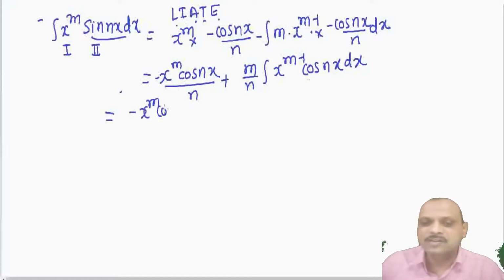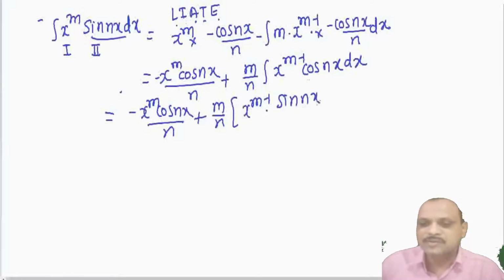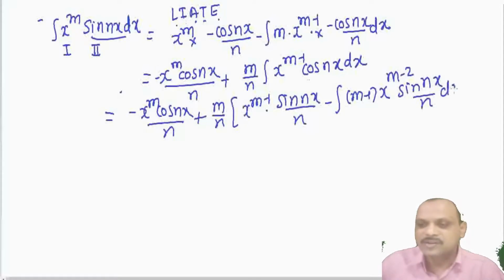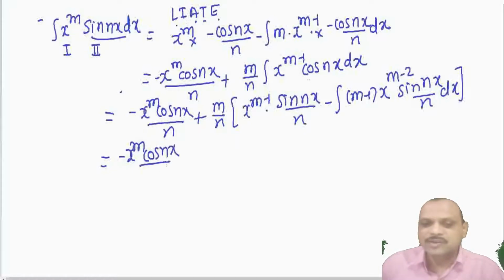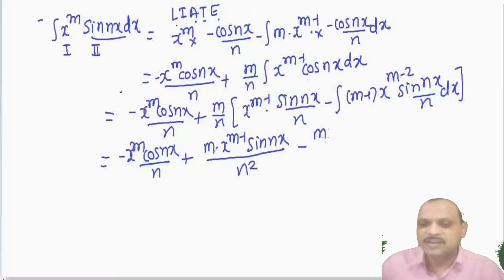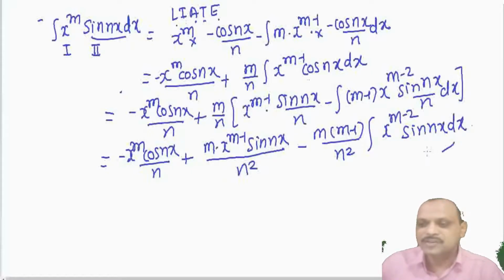Again evaluating the integration: minus x raised to m into cos of nx divided by n plus m divided by n into the integration of x raised to m minus 1 into sine of nx divided by n, minus m minus 1 x raised to m minus 2 into sine of nx divided by n into dx, equal to minus x raised to m into cos of nx divided by n plus m into x raised to m minus 1 into sine of nx divided by n square, minus m into m minus 1 divided by n square into the integration of x raised to m minus 2 into sine of nx into dx.